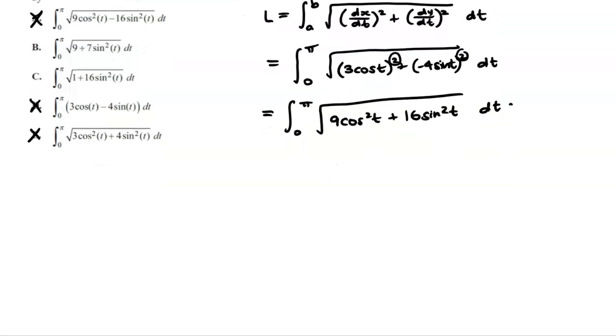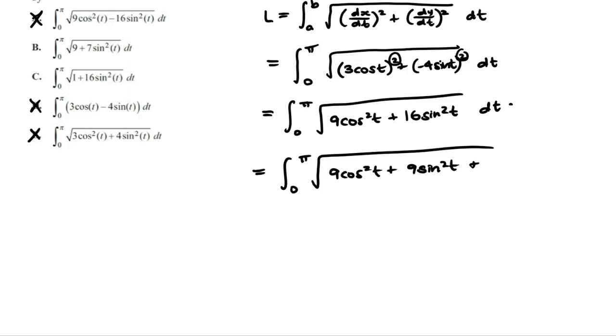Whenever I see cos squared t's and sine squared t's together, I always think, I know that cos squared t plus sine squared t equals 1. So let's maybe be a bit creative with that. Let's write this as 9 cos squared t plus 9 sine squared t plus, if I wanted to get to 16, I need to put a 7 sine squared t dt.